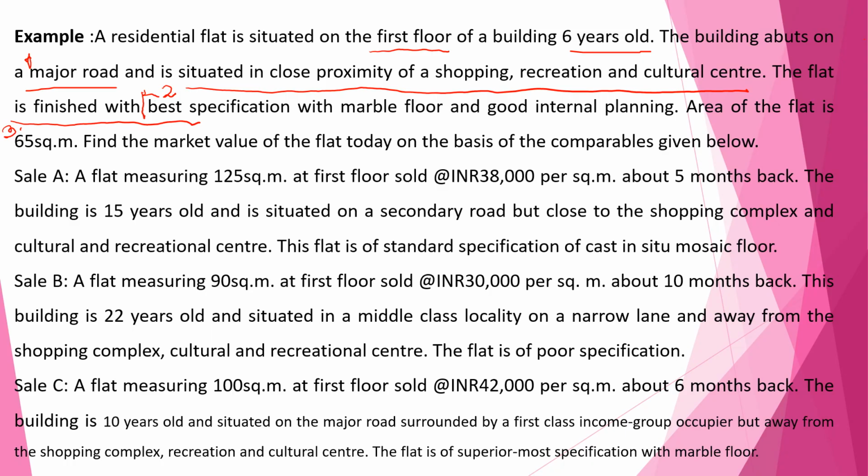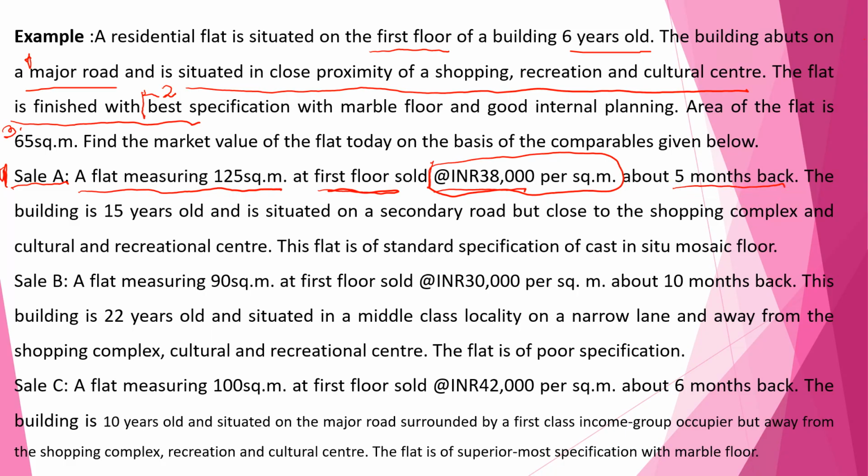So the sale instances available to us are, first, sale comparable one or sale A. This was a flat having an area of 125 square meter. It was also situated on the first floor. It was sold at a sale price per unit of 138,000 per square meter, 5 months back.